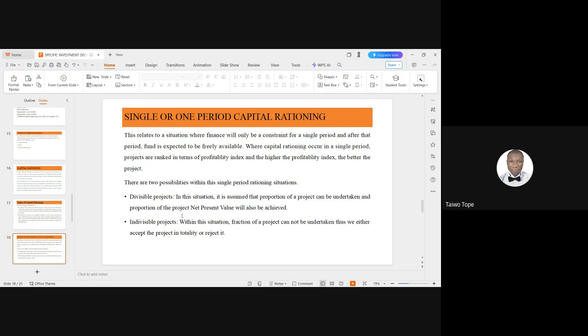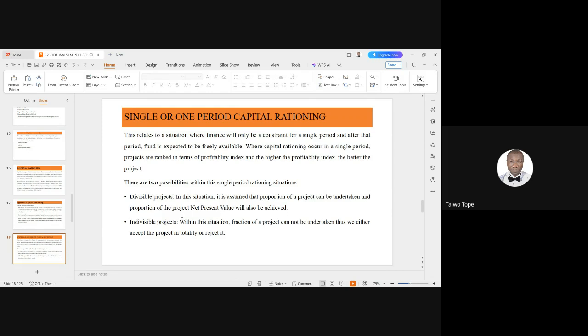For example, if a project requires 1 million and produces an NPV of 200,000, we could invest only 500,000 and get half of the NPV of 100,000. In this case, we treat projects like fractions, allowing us to allocate scarce capital across projects like a portfolio.